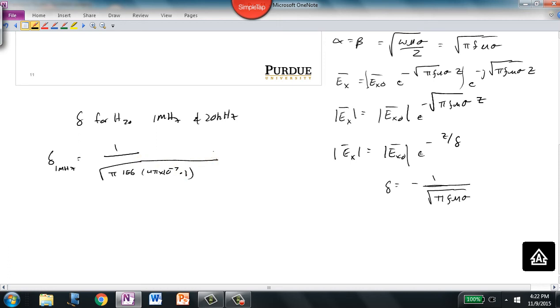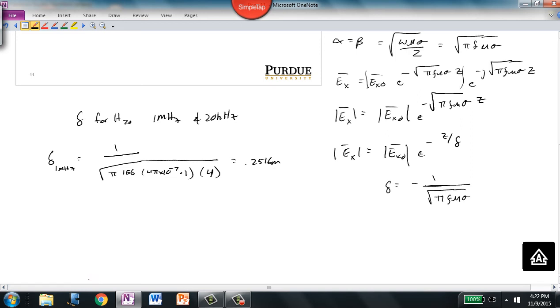And the conductivity of water varies depending on the impurities in the water, but let's just go with a ballpark estimate of 4, and we get a skin depth of 0.2516 meters. So if I inject a 1 megahertz signal into water, it drops off to 37% of its initial value after 0.2516 meters, so not particularly far.